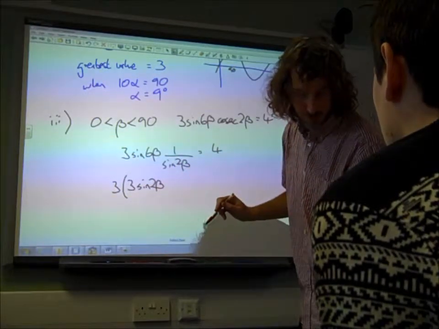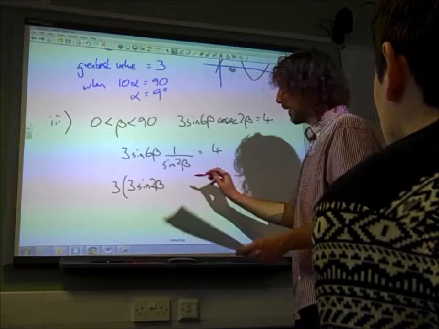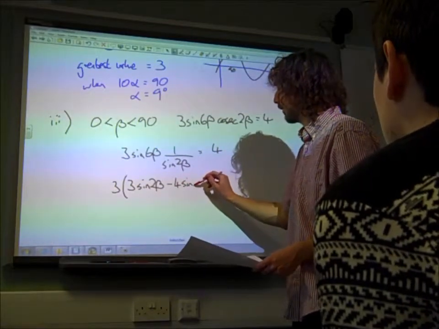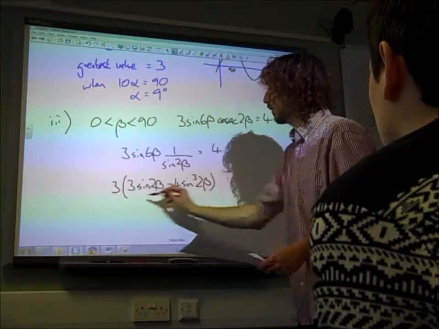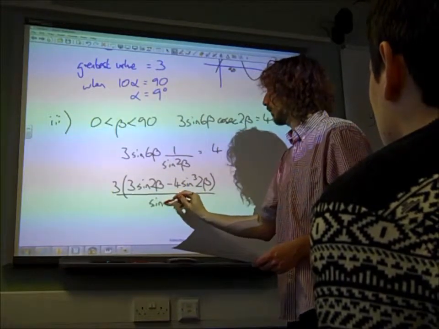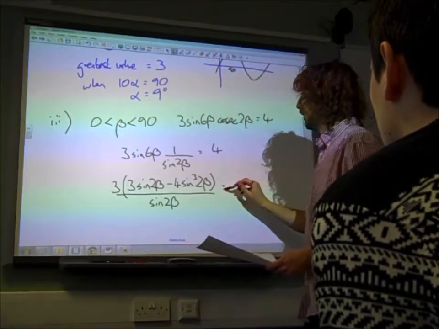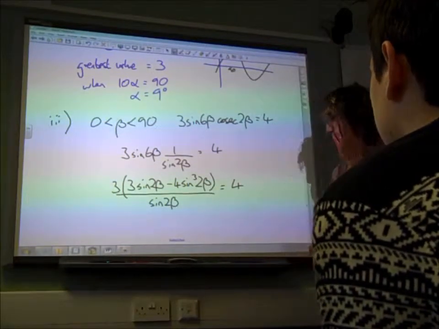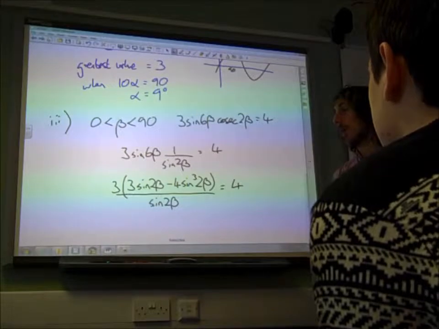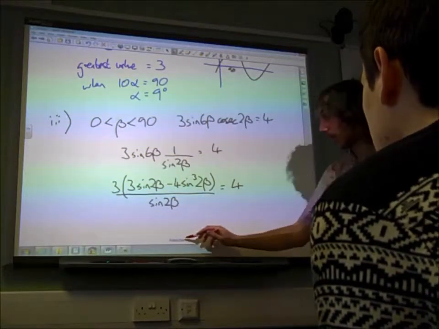Where are we going with this? 3 sine 2 beta minus 4 sine cubed 2 beta over sine 2 beta equals 4. And so we can factorise what we've got here.